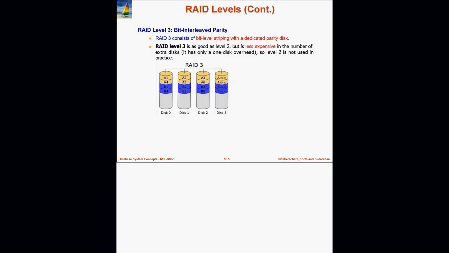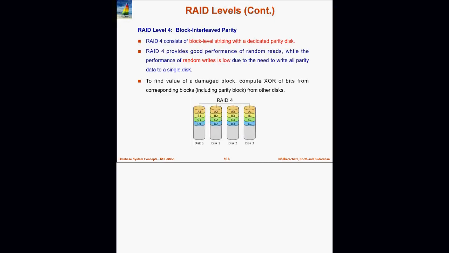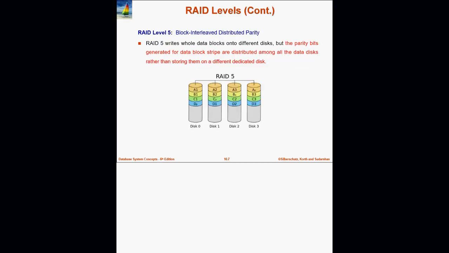And level 3, we have interleaved parity, which is bitwise. In level 4, we have interleaved parity blockwise. In level 5, we have interleaved parity only, but it is distributed.